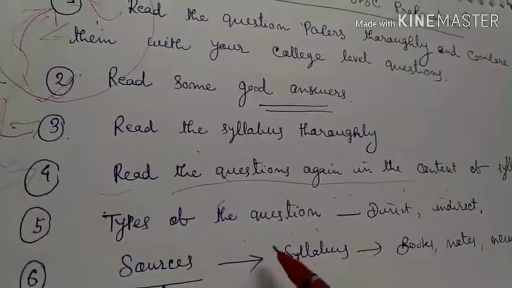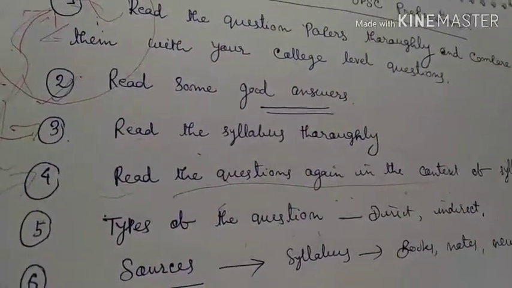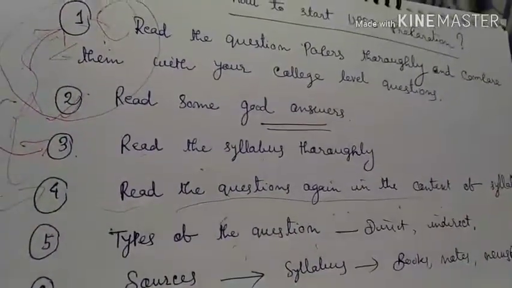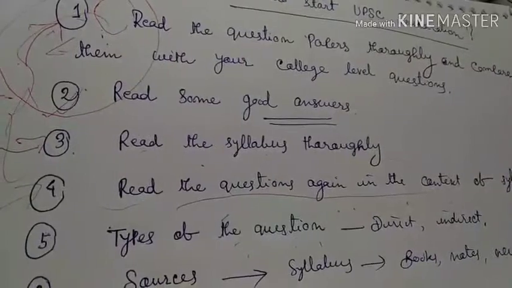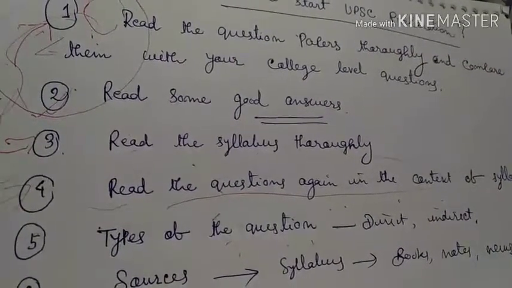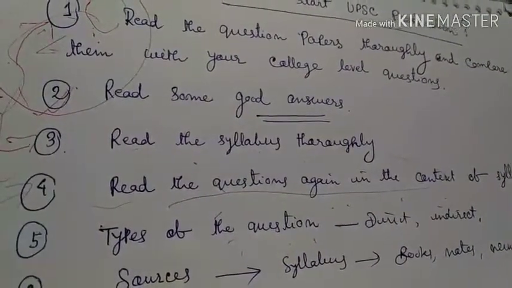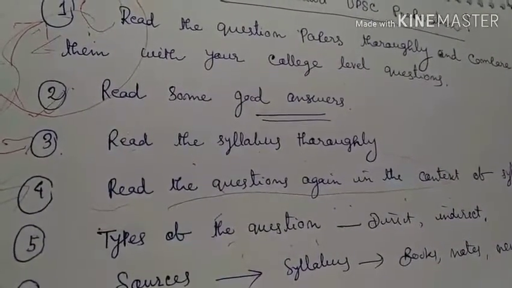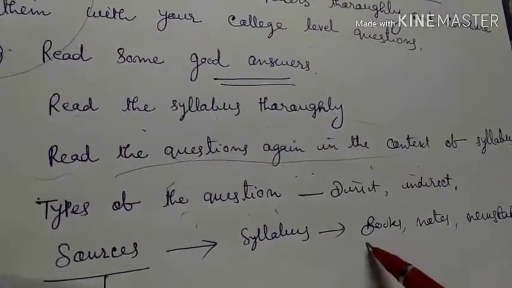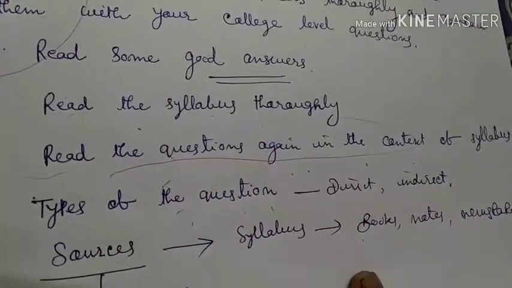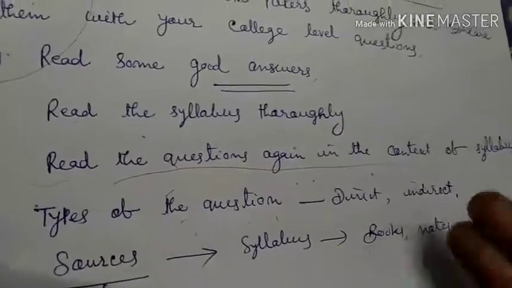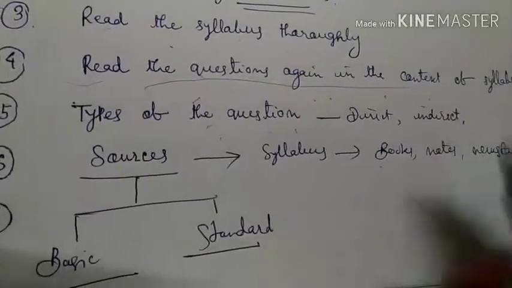Once you have done this step, the last step is to determine the source of the questions asked in the papers, the questions which have been asked from the syllabus. Can they be solved with the help of books? Can they be solved by reading notes, or are they picked from newspapers?